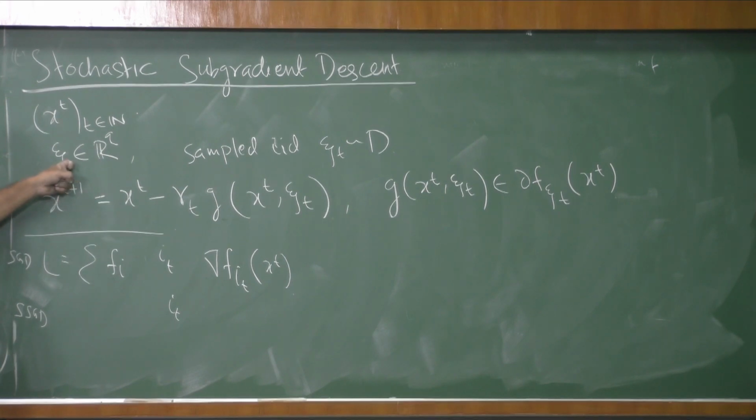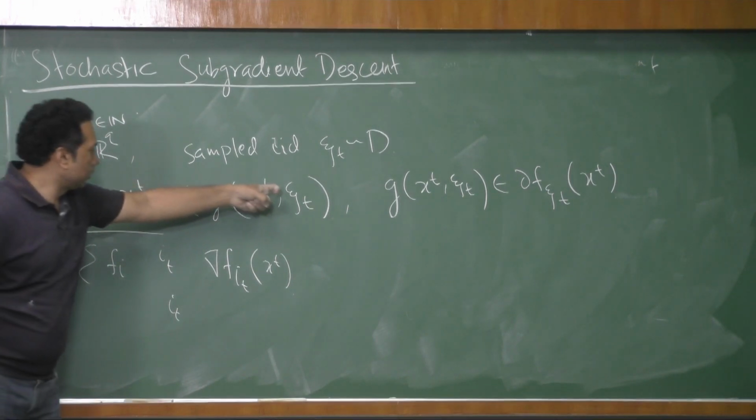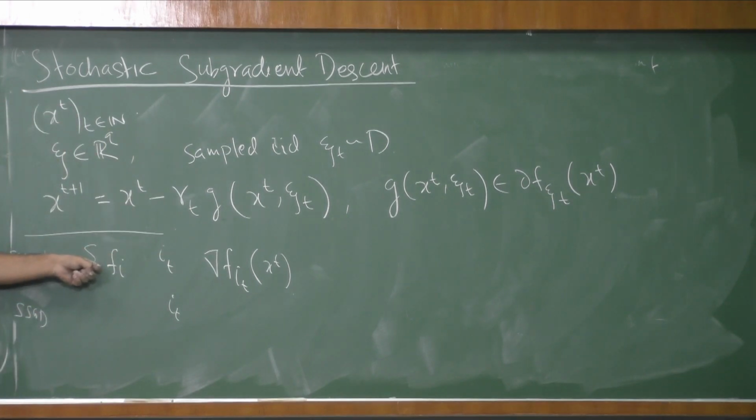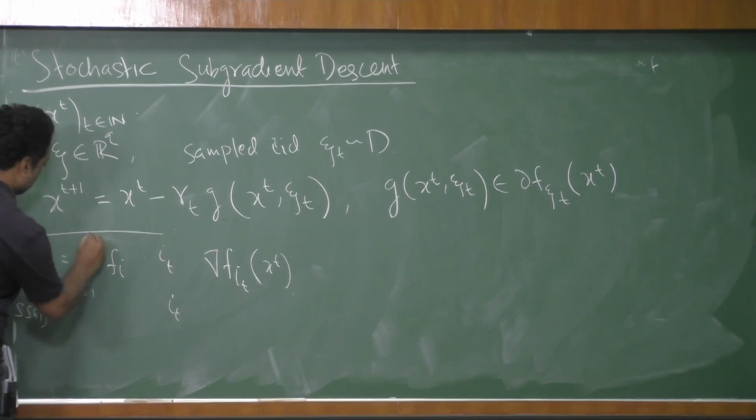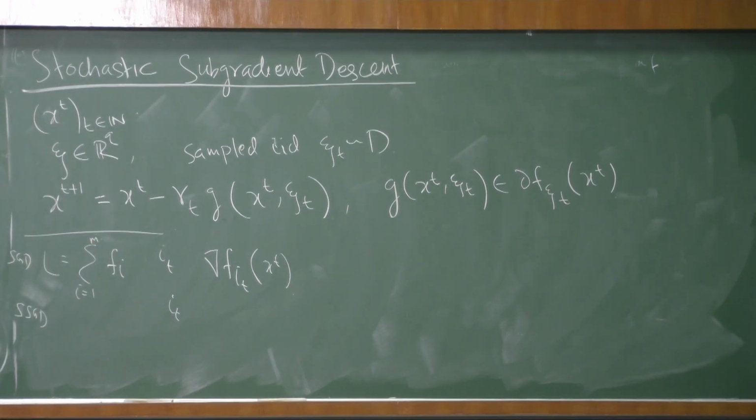The randomness parameter is written in a very generic form. As an example, xi may come from a uniform distribution over the samples i equals 1 to m, with xi being some sample picked from there. It may be a batch version as well, where I pick a batch of size b out of these.